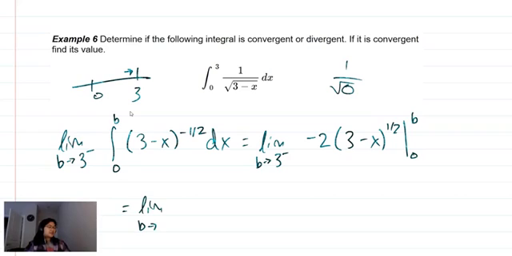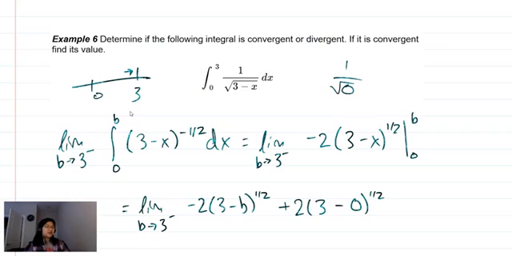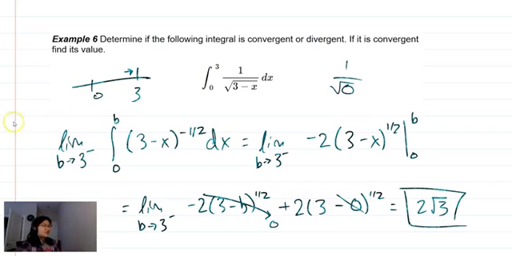The limit as b approaches 3 from the left of negative 2 times (3 minus b) to the 1/2 power minus negative 2 times (3 minus 0) to the 1/2 power. So we get positive 2 root 3, because this part goes away. So that's convergent, and we found the value, 2 root 3.